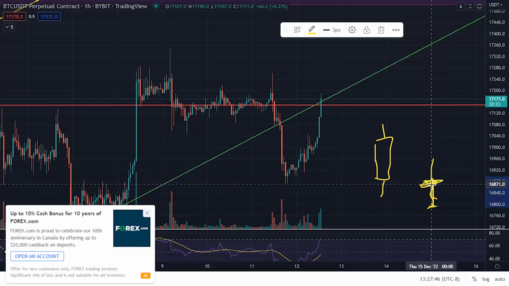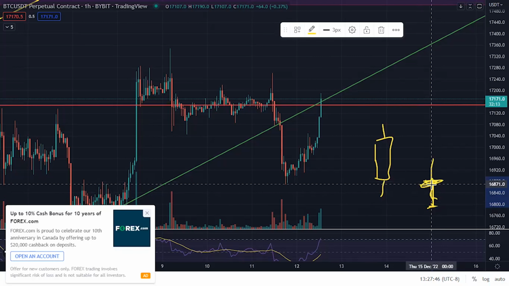But then after the candle was about to close, the price didn't close here. It actually started coming back down. And then finally, when it was about time for the candle to close, it closed right over here. What this does is it leaves this wick at the top and this wick at the bottom.